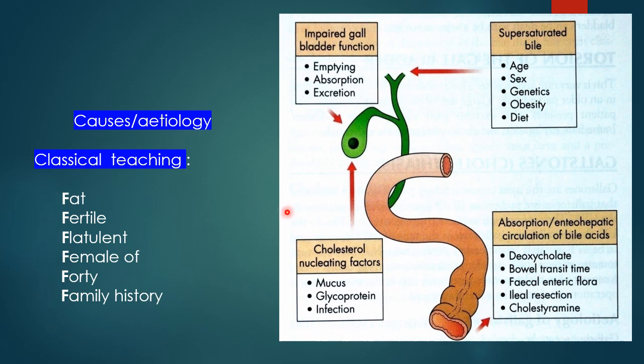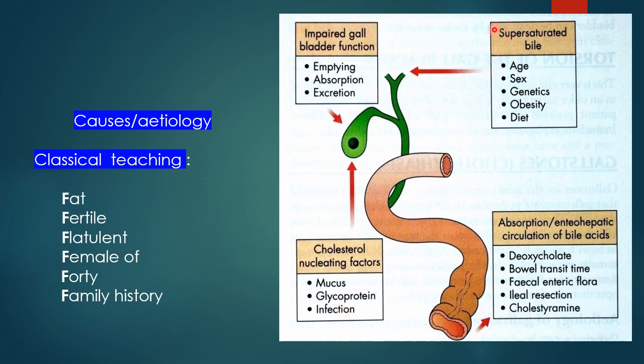As far as the predisposing factors, there are a number of them. One affects the gallbladder itself, that is impaired gallbladder function, either emptying, absorption, or excretion. The second group is the cholesterol nucleating factors, which result in the cholesterol becoming crystallized in the gallbladder. This is related to the mucus, glycoprotein, and infection of the gallbladder.